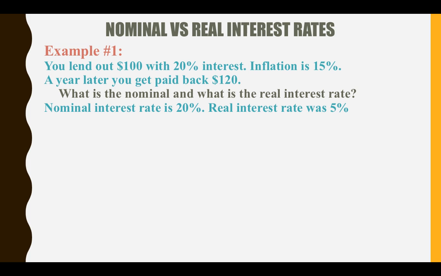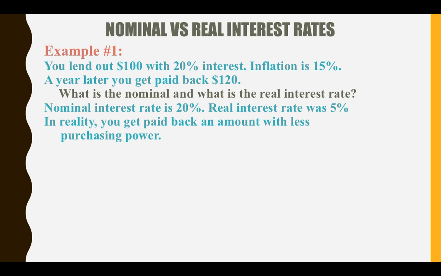Real interest rate was 5%. 20% nominal, take out inflation, and your real return, what your purchasing power is with the money you got back, was 5%. Right? So you got paid back better than your original 100, right? But less than what you would have gotten, not $120 worth of purchasing power.